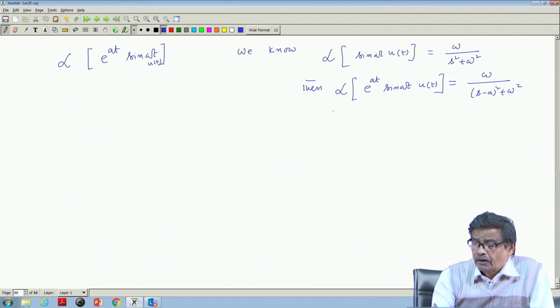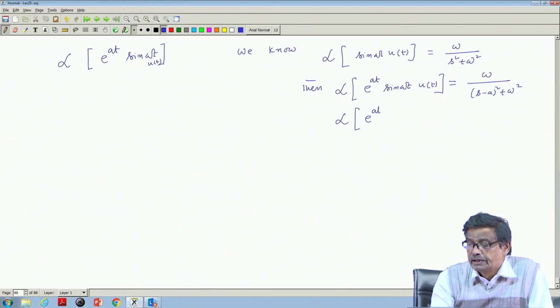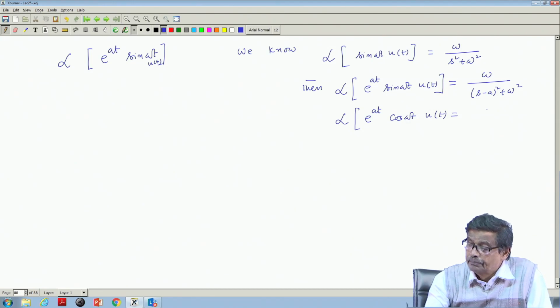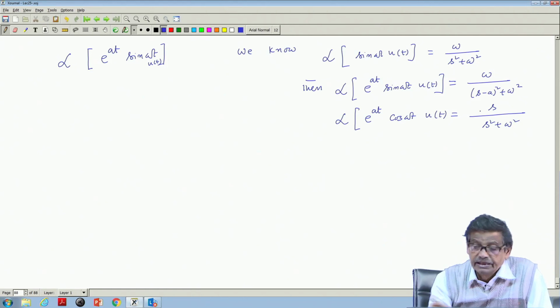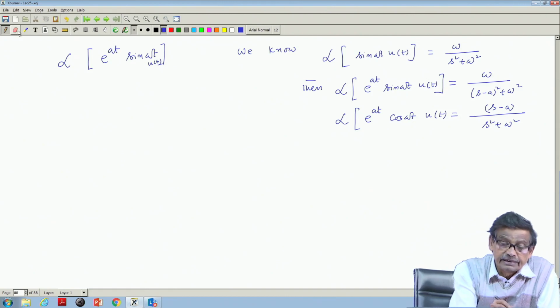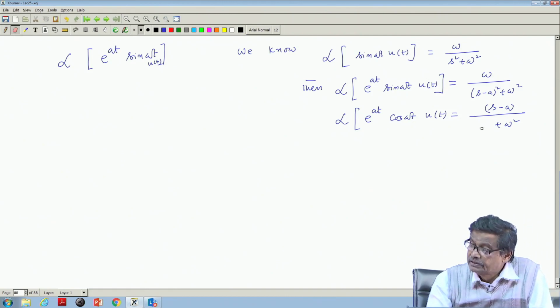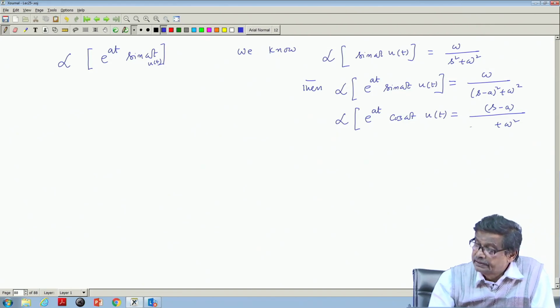Similarly, for Laplace transform of e to the power a t cosine omega t u t: for cosine omega t, the Laplace transform is s by s square plus omega square, as we have seen. But since it is multiplied by e to the power a t, s should be replaced by s minus a. Wherever s occurs on the right hand side should be replaced by s minus a.